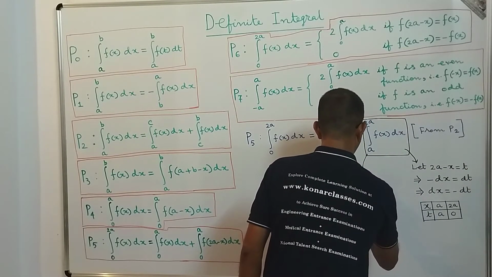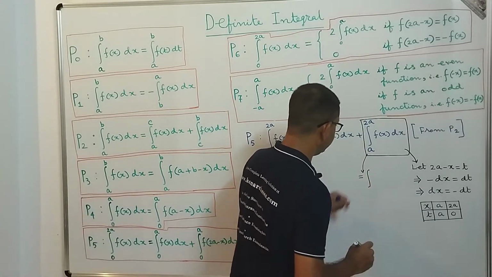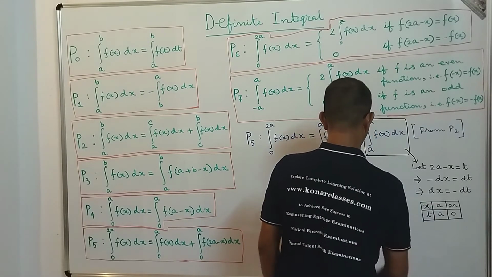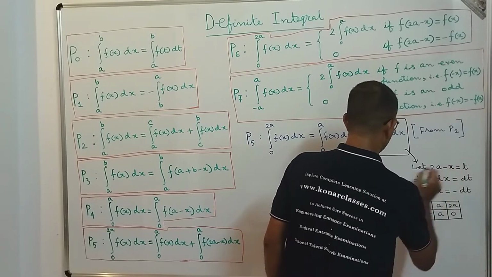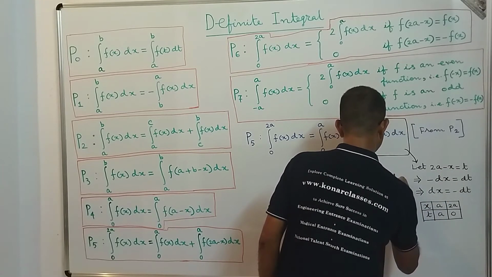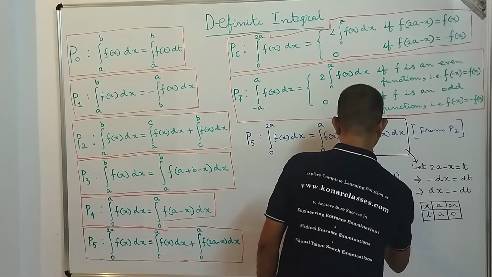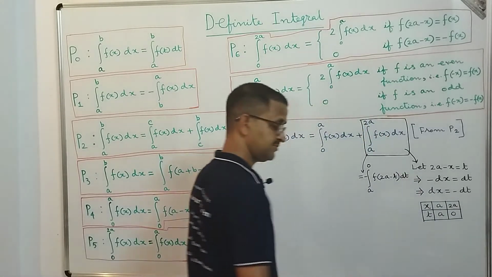In terms of the variable t, it is a to 0, a to 0 of f of x. What is x? x is equal to 2a minus t. So f of 2a minus t, and dx is equal to what? Minus dt. So we can keep the minus here and dt, correct?